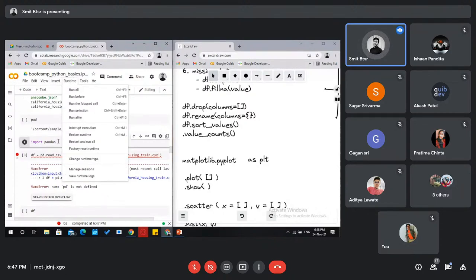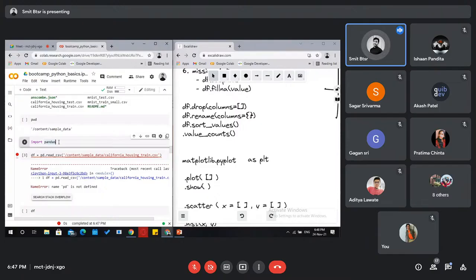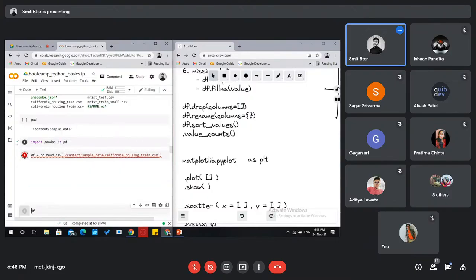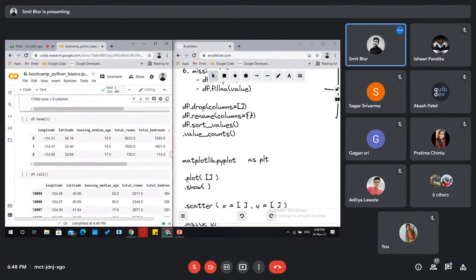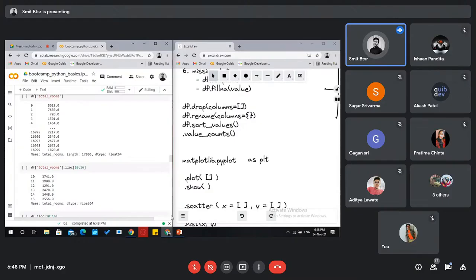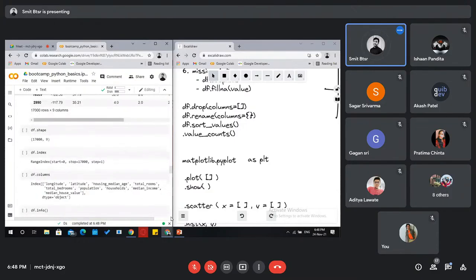But my file contains lots of cells, so it would take a lot of time. So what I will do is just run the required portions, and then we are ready to go. Now we can use the df data frame.